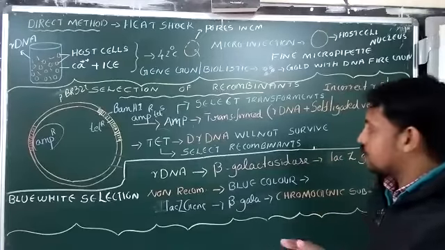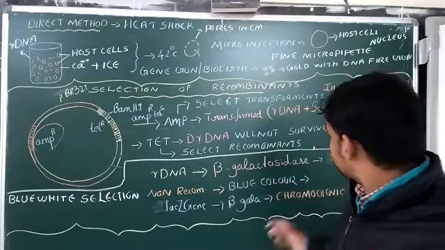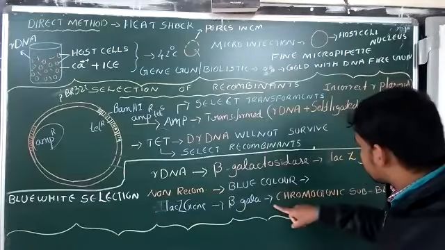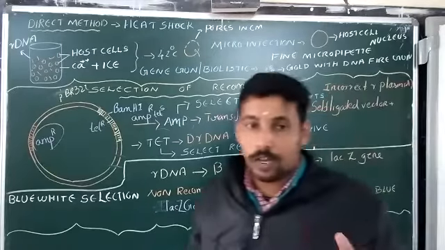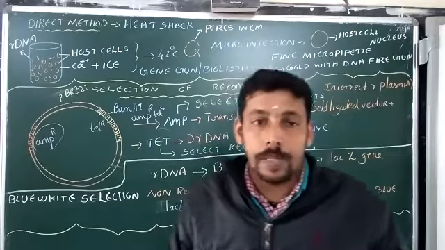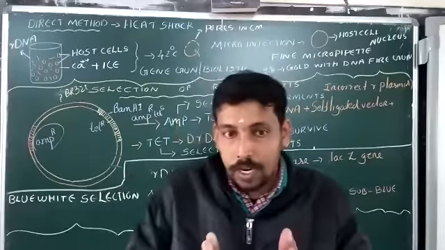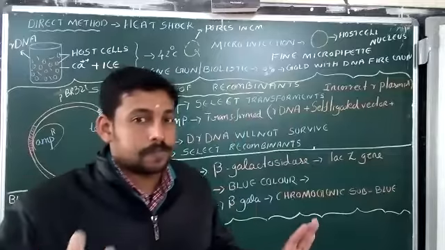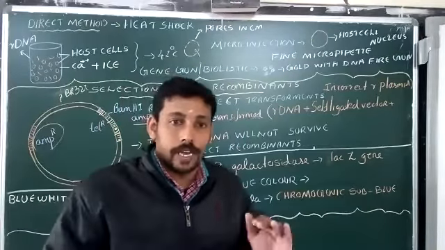If it is inserted, it will not work. Okay, the lac gene will transform this chromogenic substance into what? The blue color. Okay, so in that way also we can select the recombinants. So the recombinants will be developing what? No color. Non-recombinants will develop blue color.